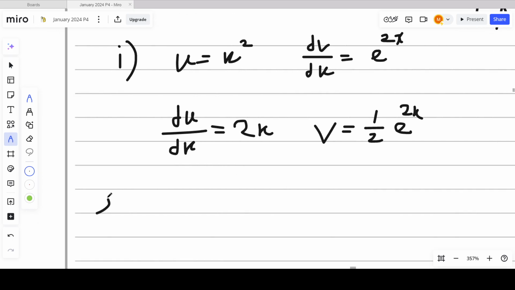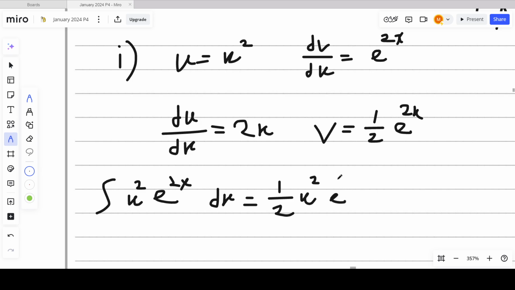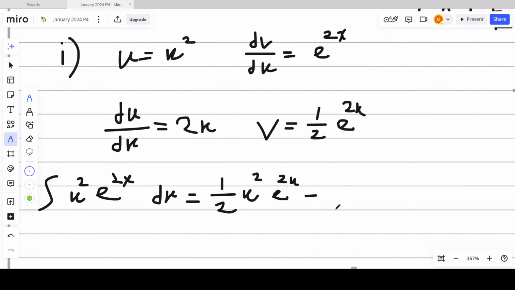Now the integral of x squared e to the power 2x dx, that is u times dv over dx, equals uv, which is half of x squared e to the power 2x, minus the integral of v times du over dx.